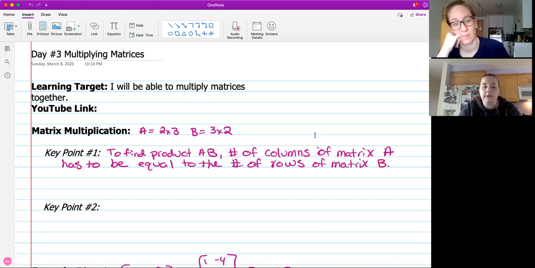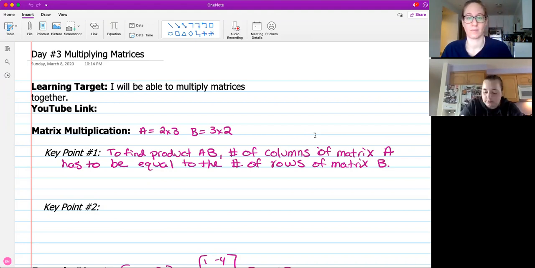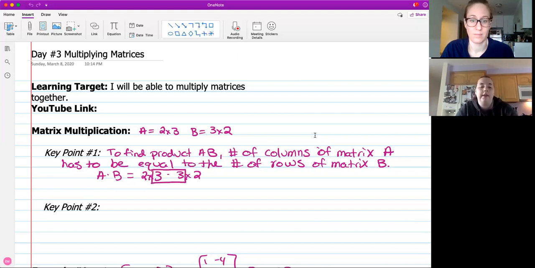Also, sorry, there's planes flying over my house right now. They're really loud. Okay, so what this means is that when we multiply A times B, we said originally that A's order was a 2 by 3, and we're multiplying it by a 3 by 2 matrix. If we draw a box around these 2 numbers right here, they have to be equal.